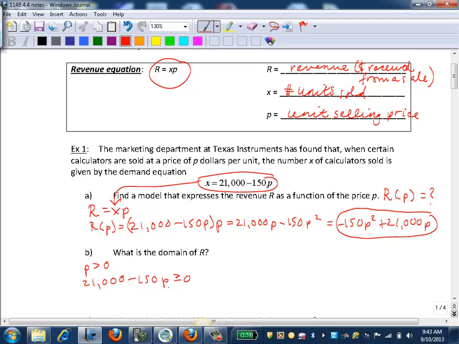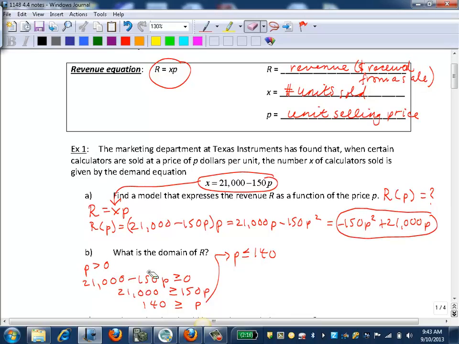So if we solve this inequality, if we add 150p to both sides, we get 21,000 greater than or equal to 150p. Divide both sides by 150, and we should get 140 here. So if I turn this around, so that my P is on the left side, because we typically read left to right, P is less than or equal to 140. So for our domain, we know that price has to be greater than 0, can't have a negative price.